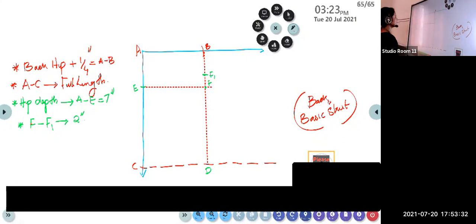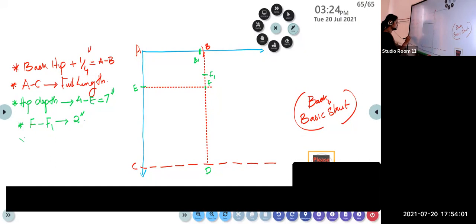And here we have this point B, right? From B inward, we are going to mark 3/4 inches inward from point B on line AB. We are going to mark it B1.